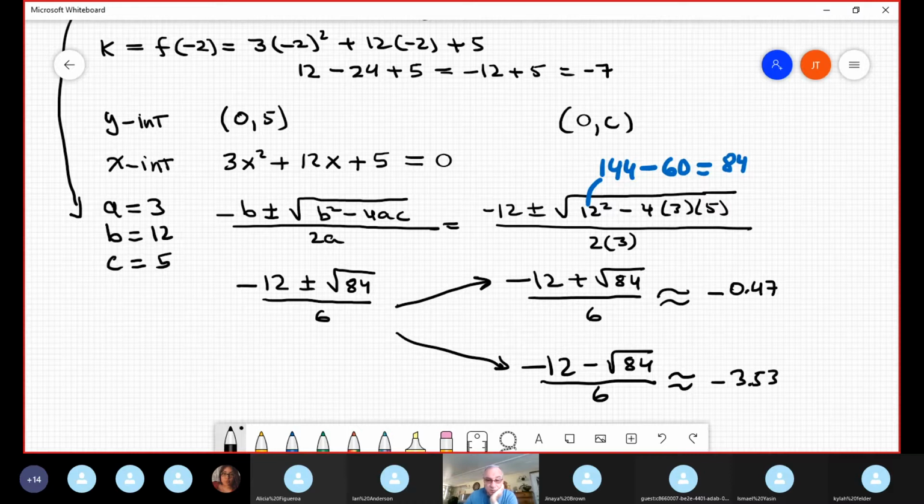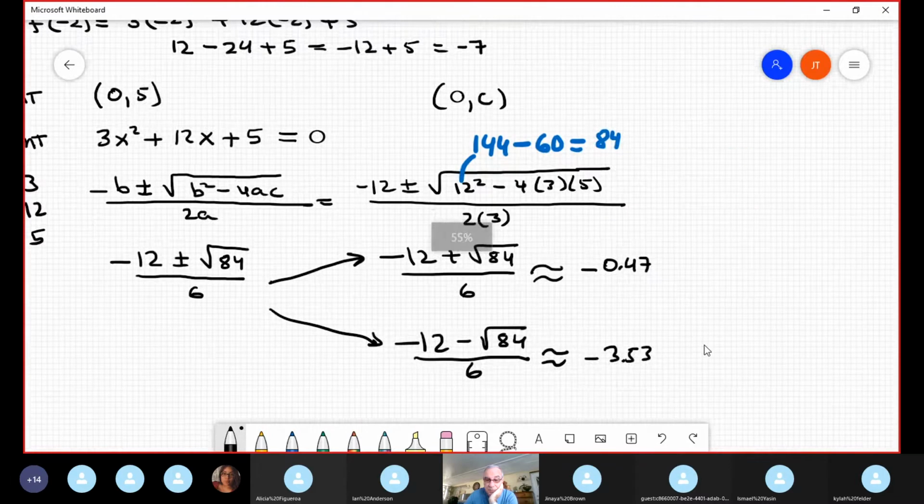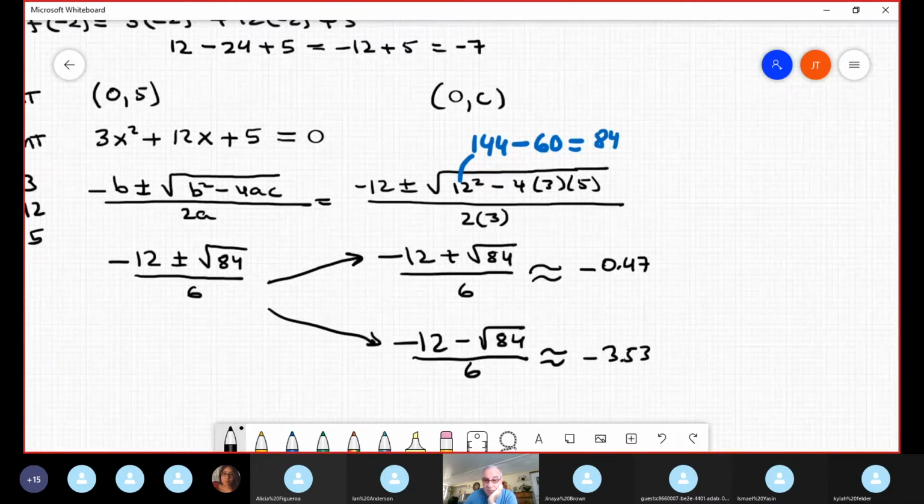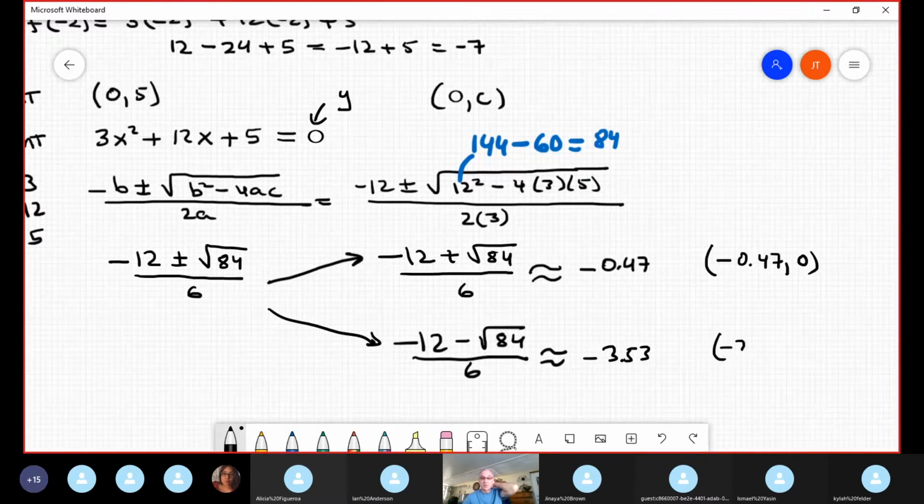Therefore, we have two x-intercepts, the points negative 0.47, 0, because the y component is 0. I did this intentionally. Look, the y component was 0 here. And minus 3.53, 0. Okay, super. So far, it's no big deal.